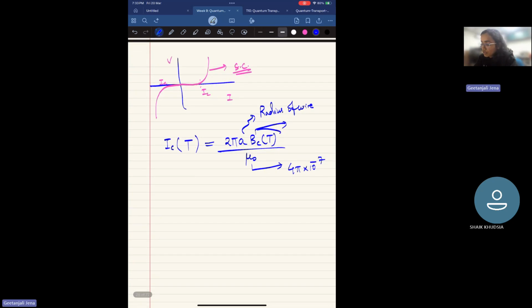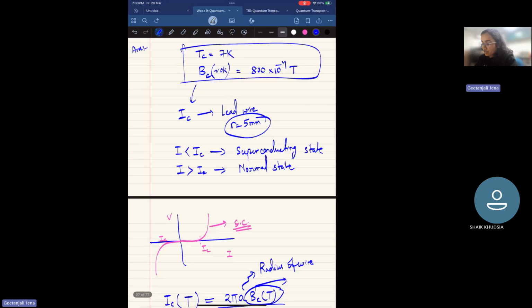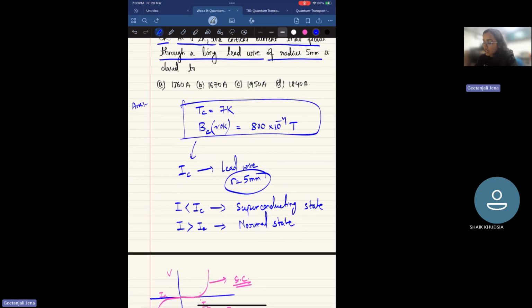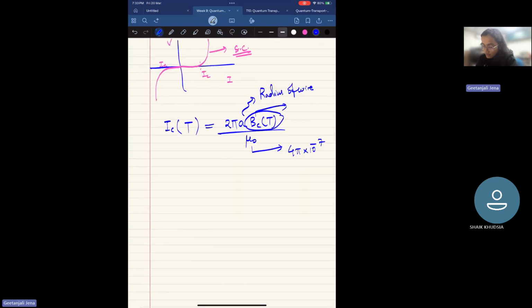So we need to calculate the magnetic field first, because the radius is already given and mu 0 we know. We just need to calculate the critical field, which is quite easy because we are given the magnetic field at zero temperature. Let's see the relation. Bc for 2 Kelvin is Bc for 0 Kelvin times 1 minus T by Tc whole square.